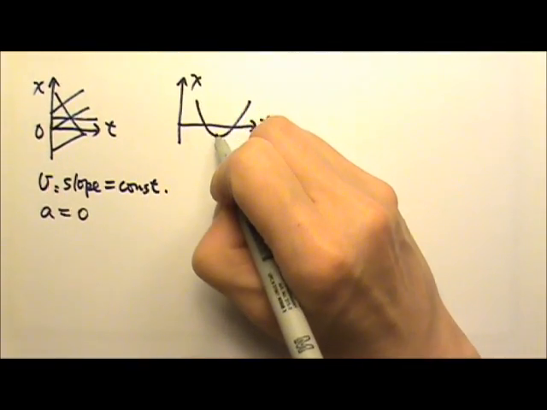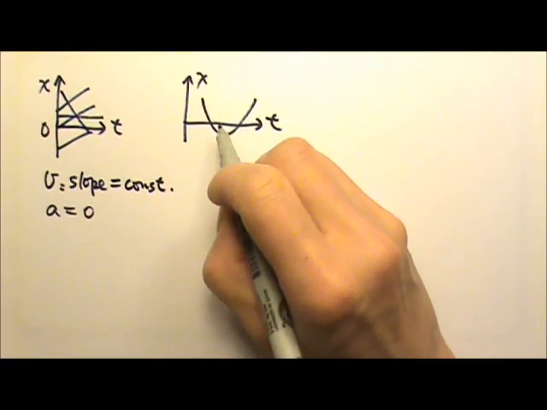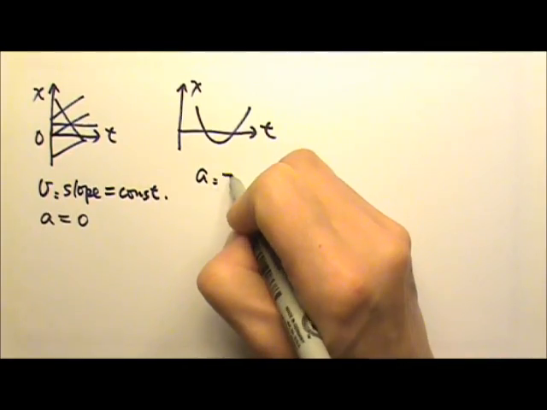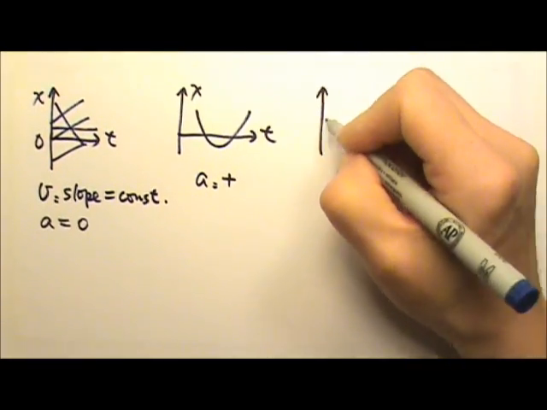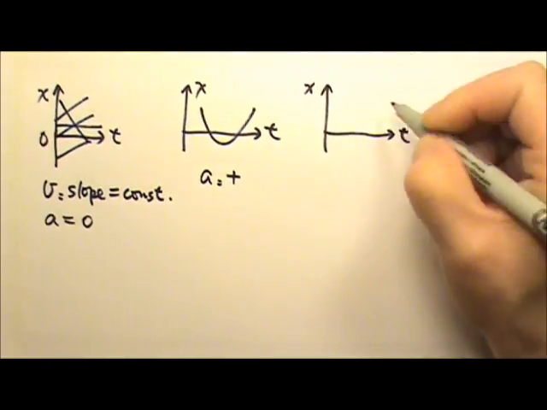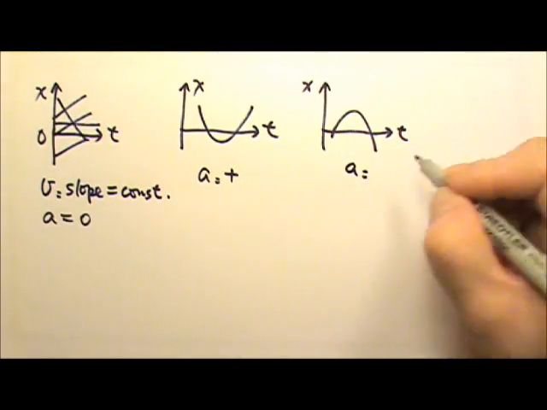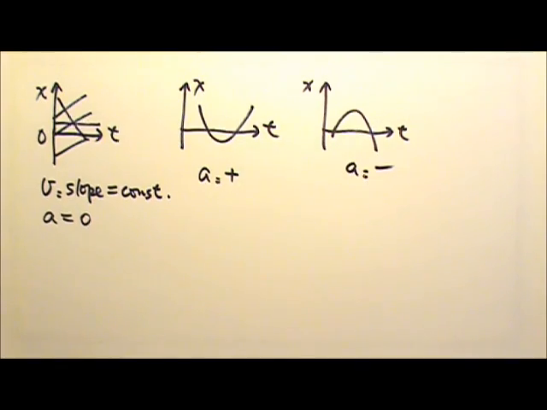But if you have a position versus time graph that is any part of an upward curve, that means the acceleration is positive. If your position versus time graph is any part of a downward curve, that means the acceleration is negative.